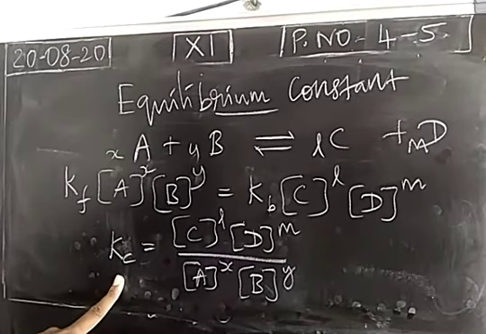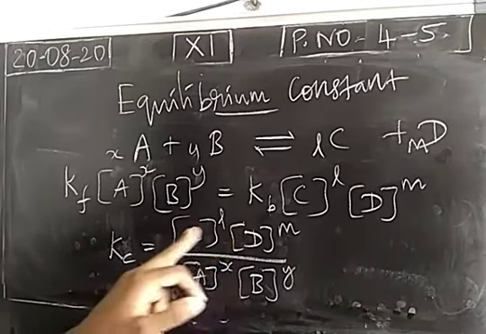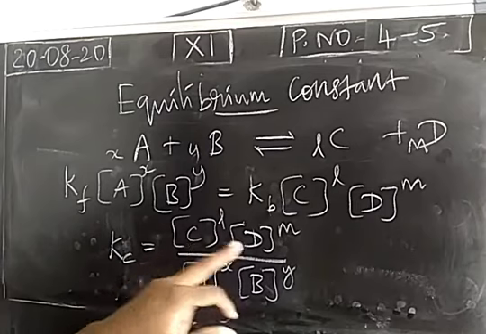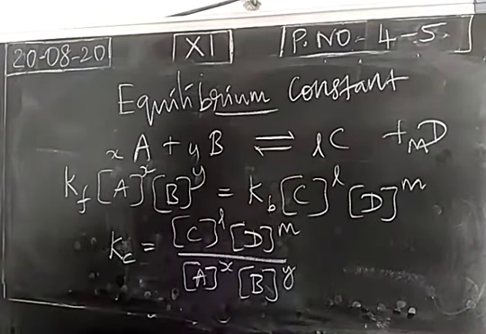Equilibrium constant is defined as the ratio of the product of concentration of products to the product of concentration of reactants. These two are in multiplication. So on this side, these two are the products.